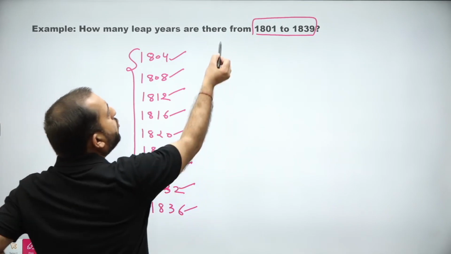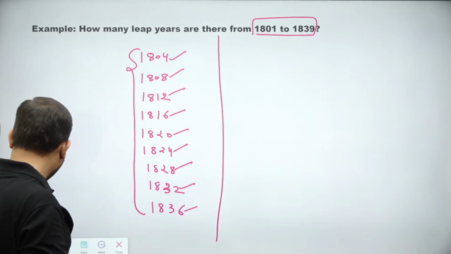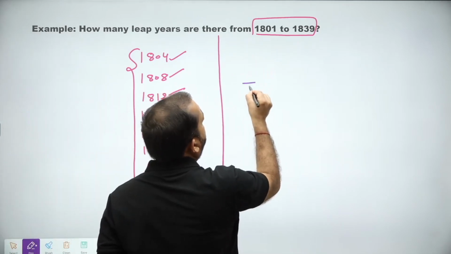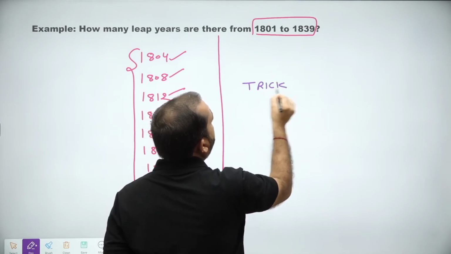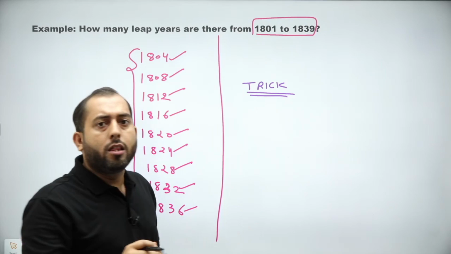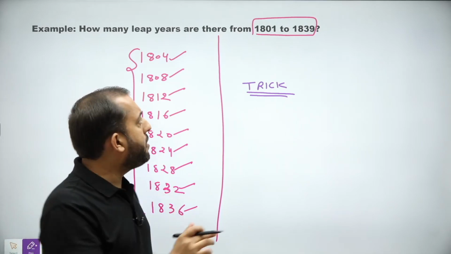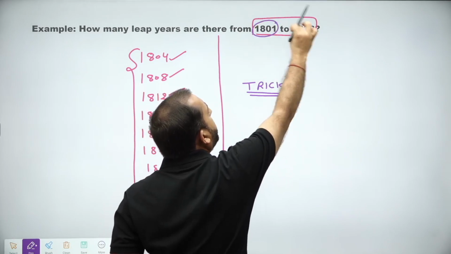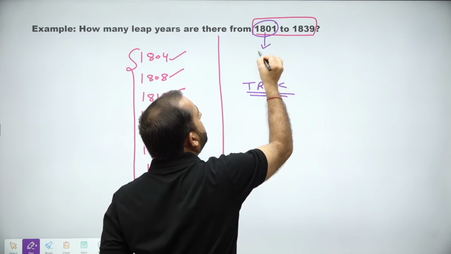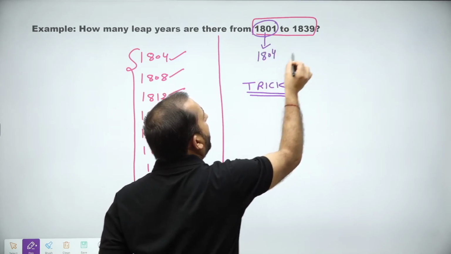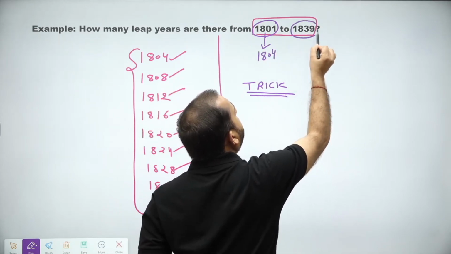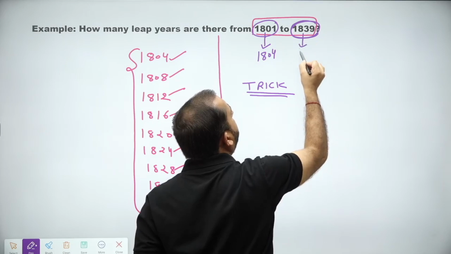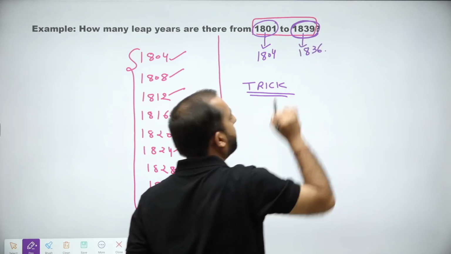Now how to calculate it with the help of a trick? So what is the trick? See, you just have to write down the nearest leap year to this value which is falling in this range. So the first leap year is 1804 and the next leap year which is near to this and falling in this range is 1836.